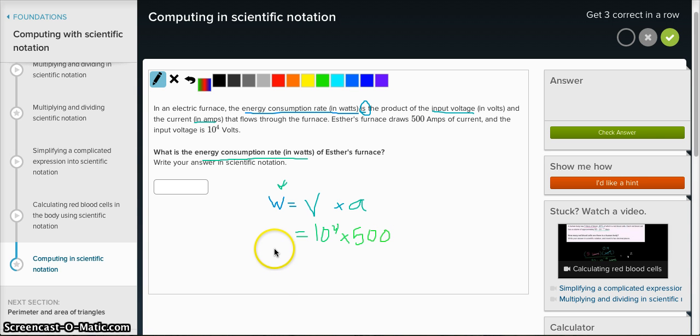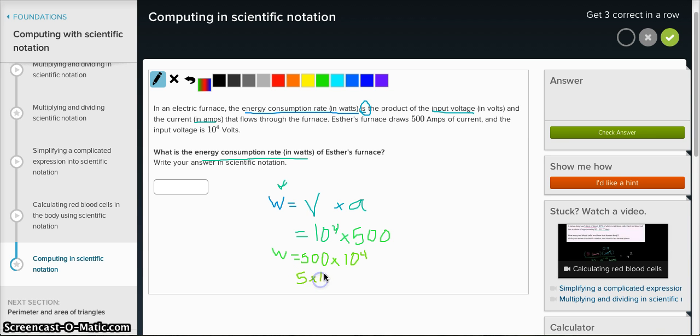So watts equals 500 times 10 to the 4th. Now it's almost scientific notation, but it's not quite, because in scientific notation the first number has to be less than 10 and greater than or equal to 1. 500 is greater than 10, way bigger than 10. 500 actually can be written as 5 times 100, right?